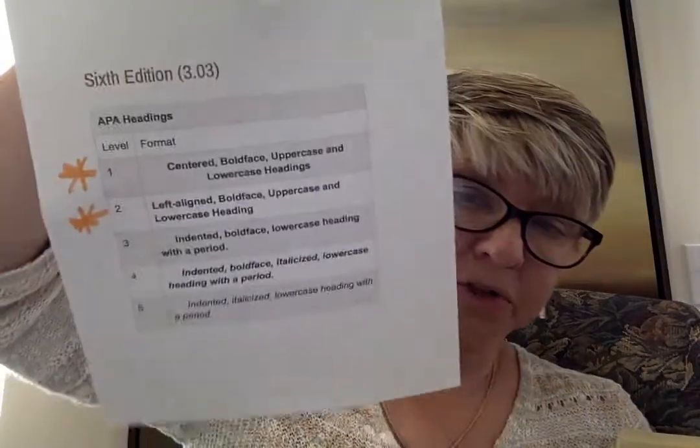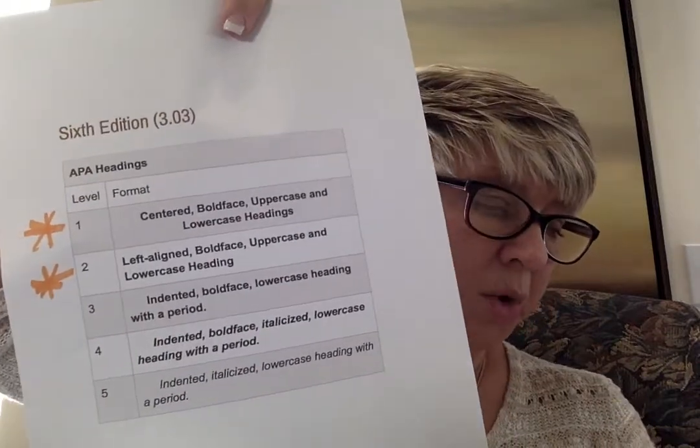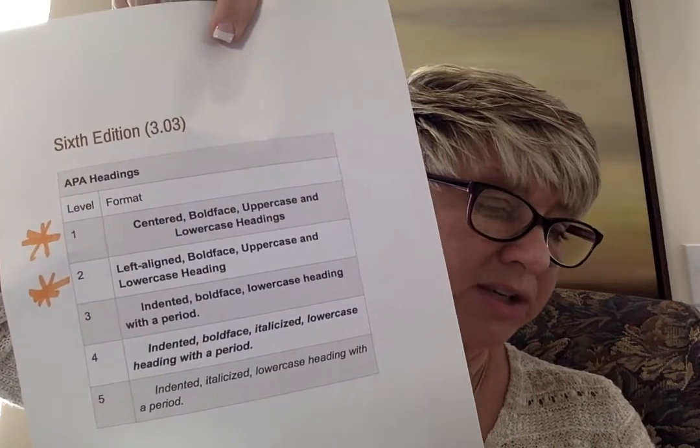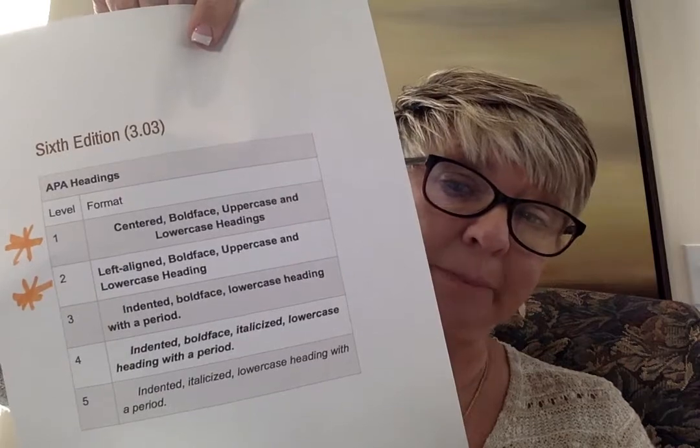Okay, now those headings for the section are level 1, which is centered, bold, using upper and lower case. Okay, so where you say section A, section B, centered, bold, upper and lower case.